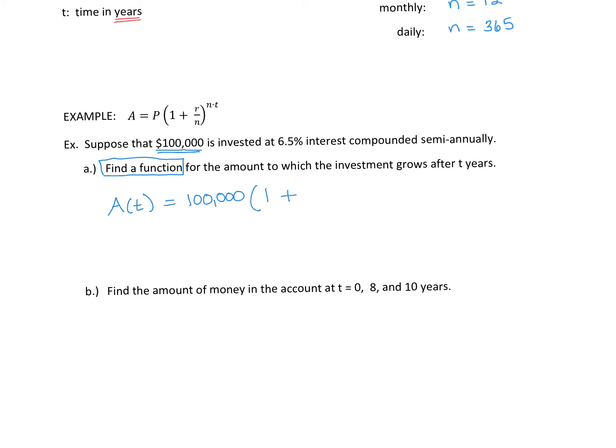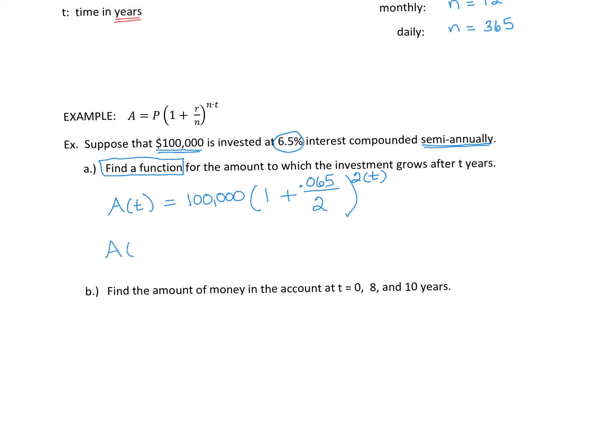1 plus our R value is 6.5% as a decimal, so 0.065. Our N value is the number of compound periods per year, so semi-annually means 2. And then again, 2 times a year for t years.